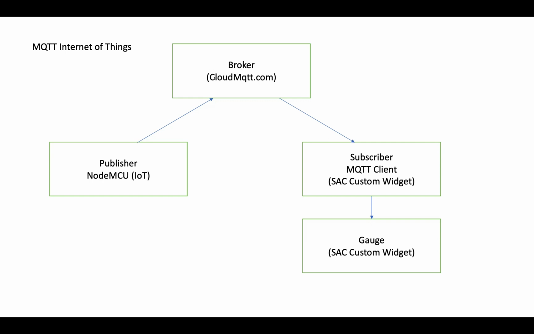The broker, currently the one I use, is cloudmqtt.com, because there is a free plan where I can use up to 5 connections. Surely for enterprise solutions, you can use another broker. SAP also provides one. And you can also create a custom MQTT server, which is not that difficult.